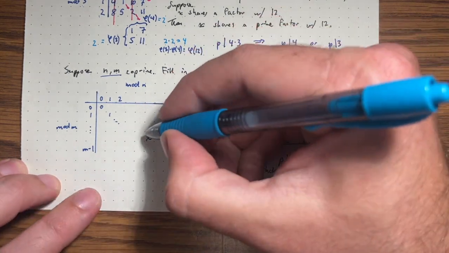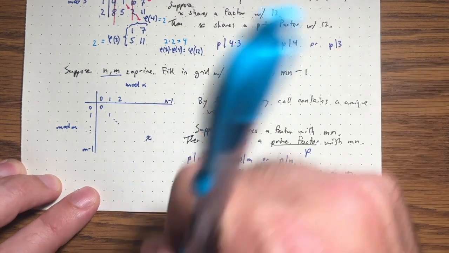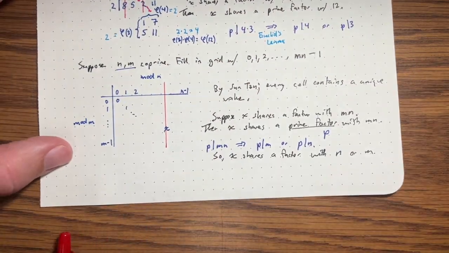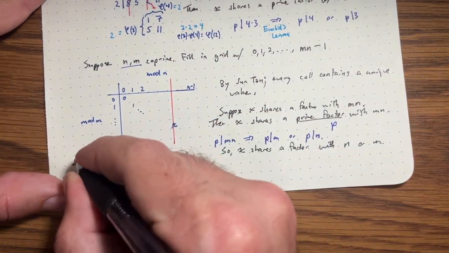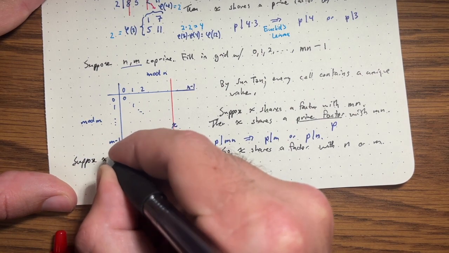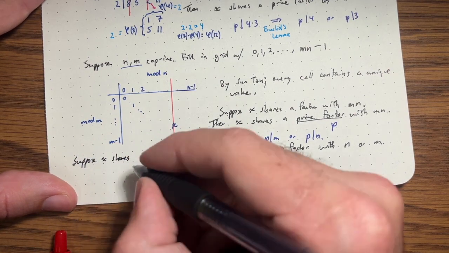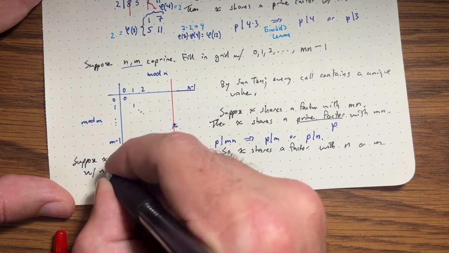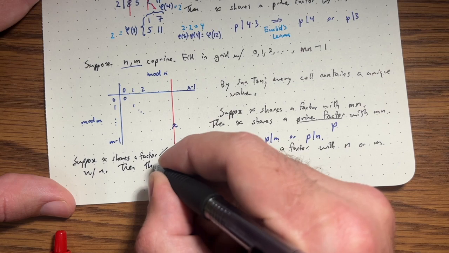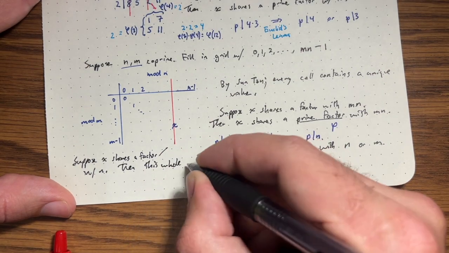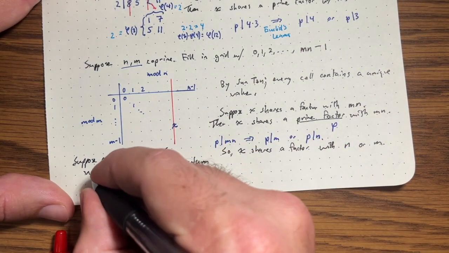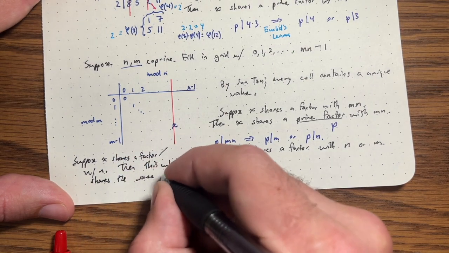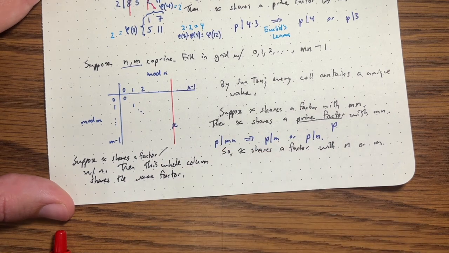Well then, this whole column here shares the same factor. When I say shares a factor, I don't mean 1, of course, something greater than 1. Why is that?